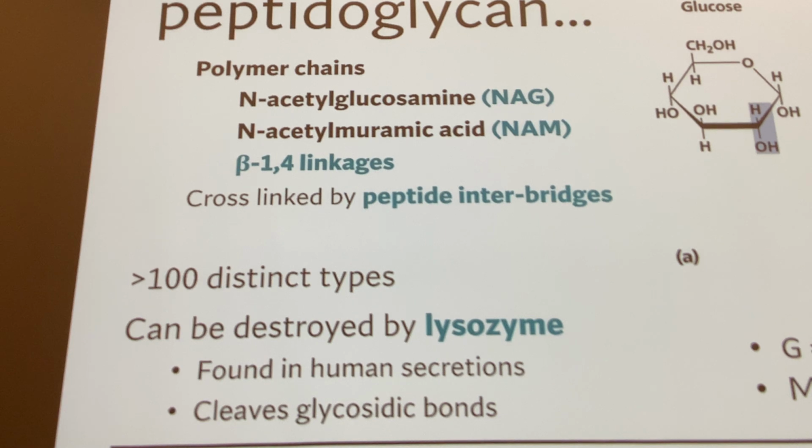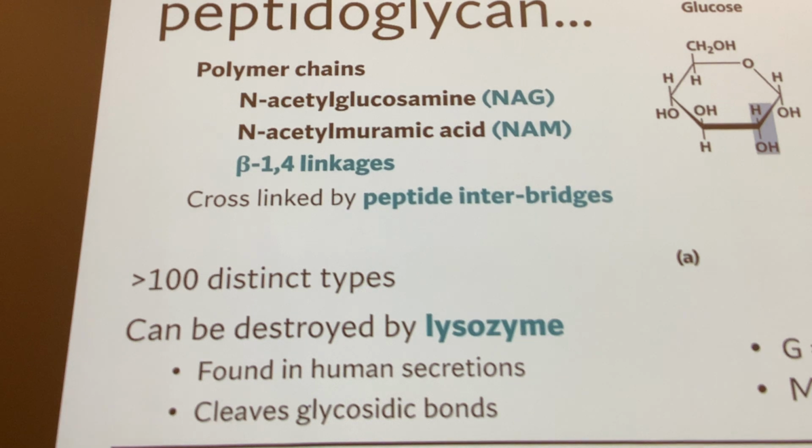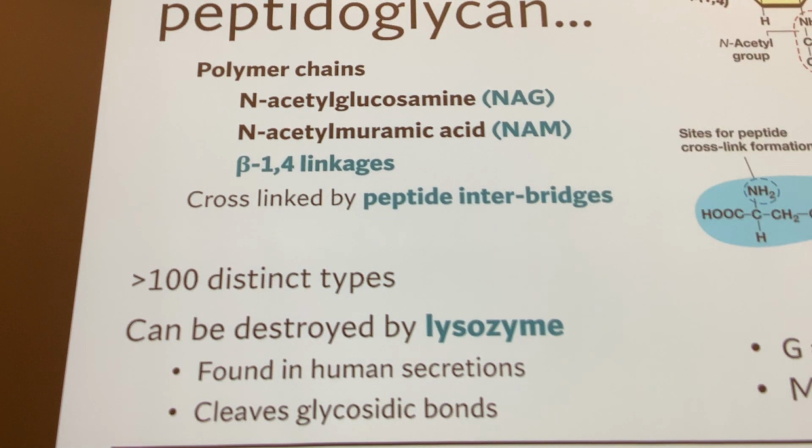This is a general structure, but just like with fatty acids, there are nuances across bacteria, little cross-linkages that get modified. Most of them can still be destroyed enzymatically, and we'll talk later about the enzyme lysozyme. So there's still some general structure going on here.